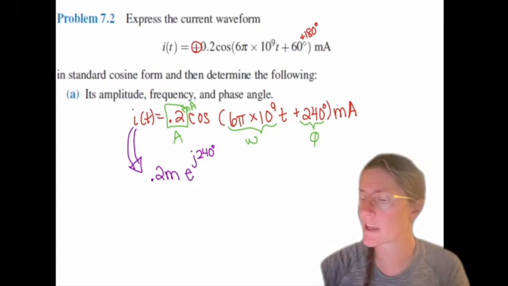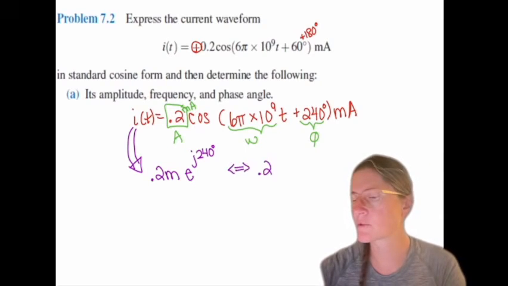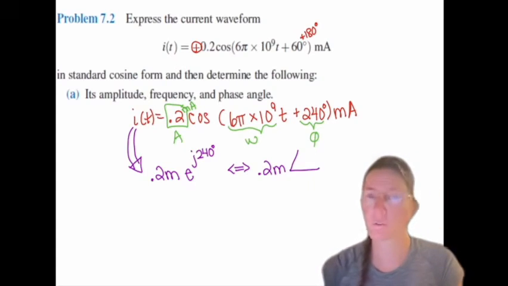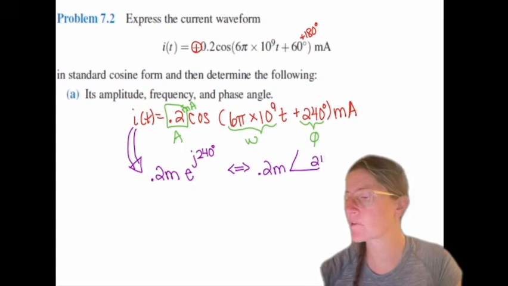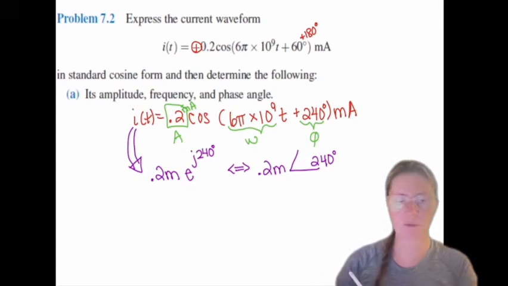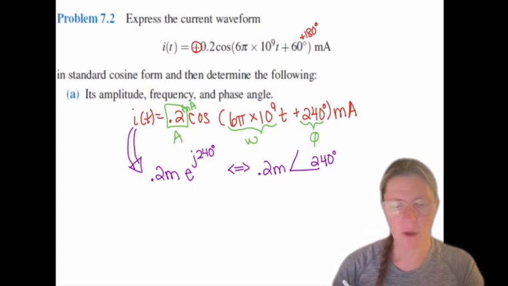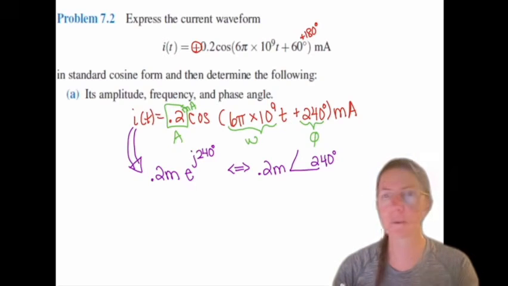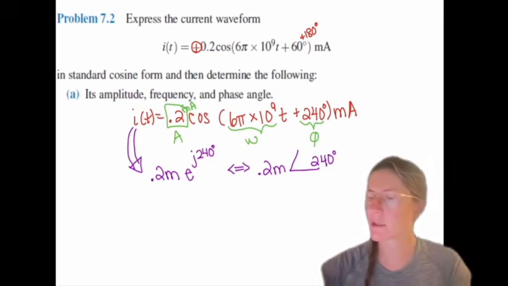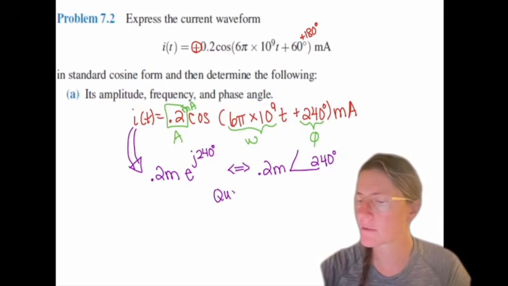Another way to write it, which means the same, these two are interchangeable, would be the big angle sign, 240 degrees. So either of those would be how you would express that. So also looking at what quadrant this is in, thinking about 240, this is going to be in quadrant 3.